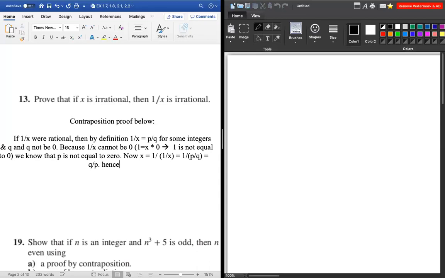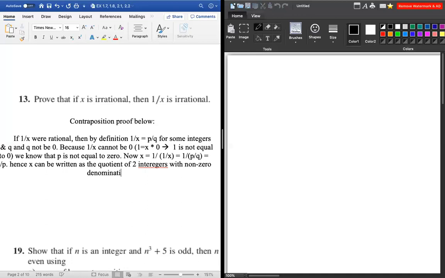So hence x can be written as the quotient of two integers with non-zero denominator. Therefore, x is rational.